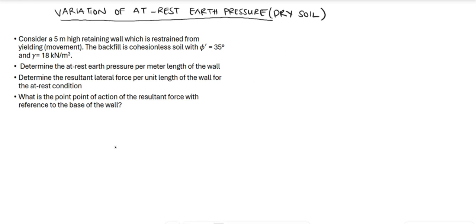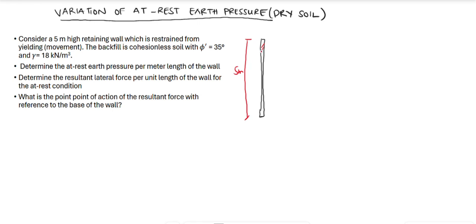So we can represent this with a diagram. Let's say we have this to be our retaining wall, and the height is 5 meters. So from this side to this side is 5 meters.